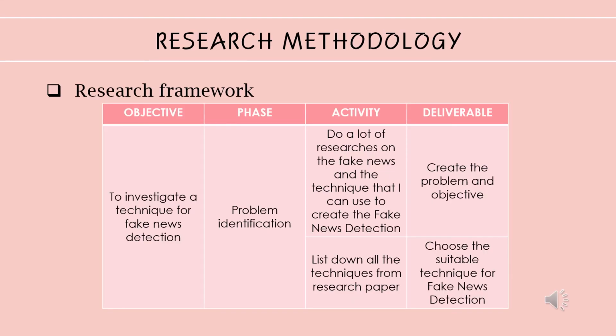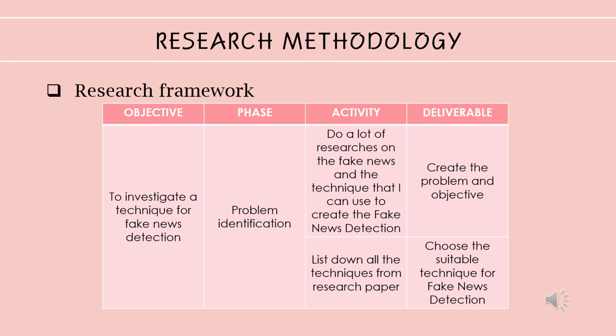Research methodology. There are two main things in research methodology, which are the research framework and the research phase. Now I would like to explain the research framework. The first objective is to investigate a technique for fake news detection. The phase for the objective is problem identification. There are two activities to achieve the objective.